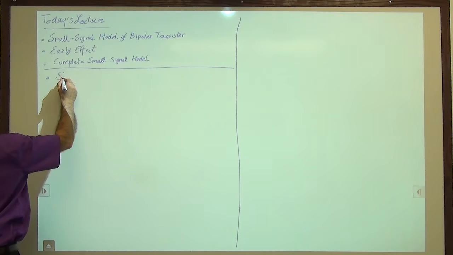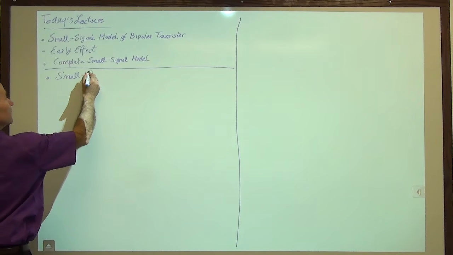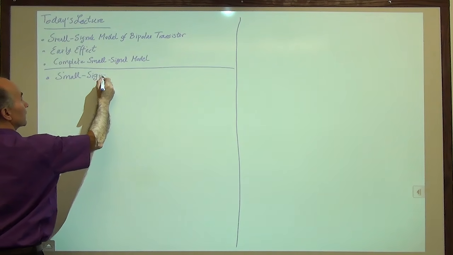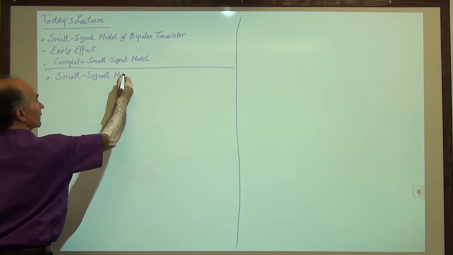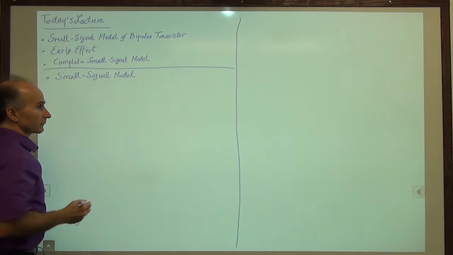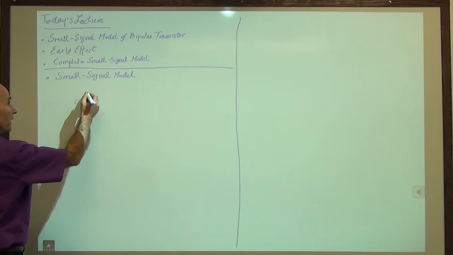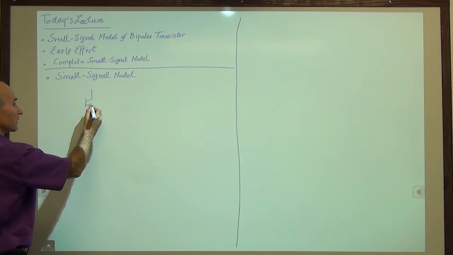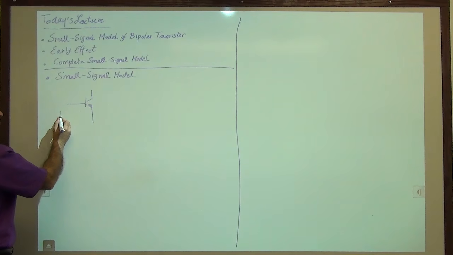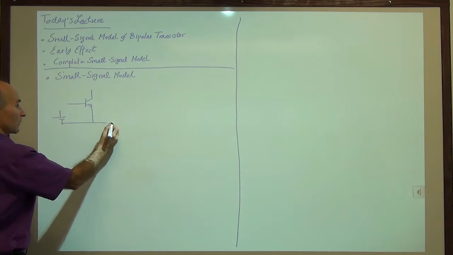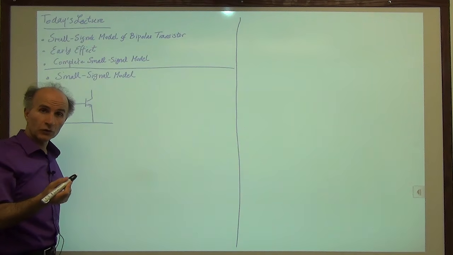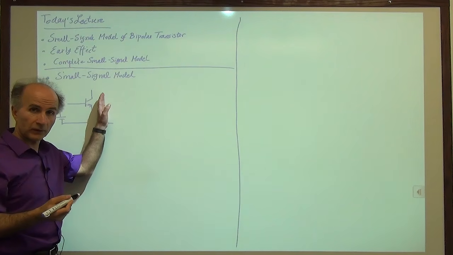Small signal model. All right, so let's review what we have done. We have a bipolar transistor that has a certain bias voltage. We have seen that we need a bias voltage to have a reasonable current through the device.